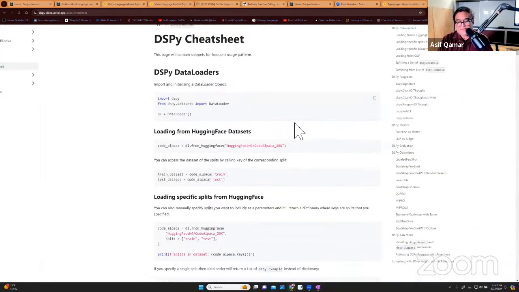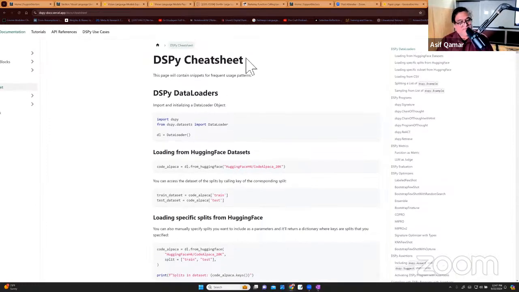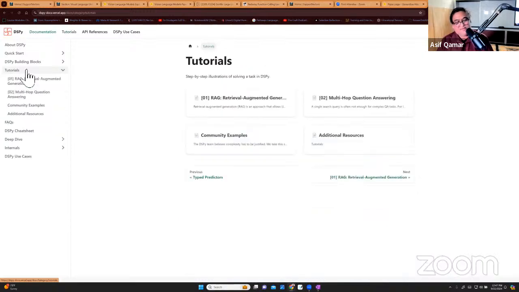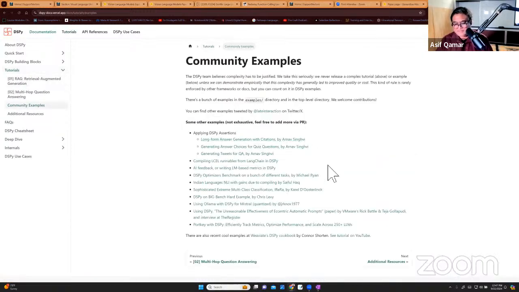So forget about the data loader for the time being. I would say make yourself familiar. Let's go to the tutorial, using DSPy. By the way, this paper is fairly good: The Unreasonable Effectiveness of Eccentric Automatic Prompts.